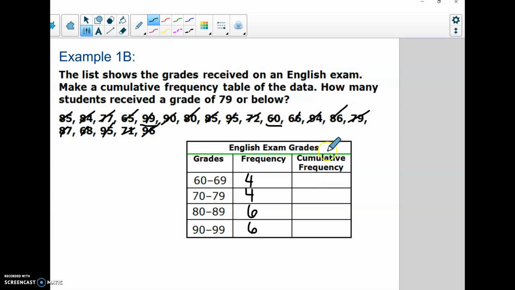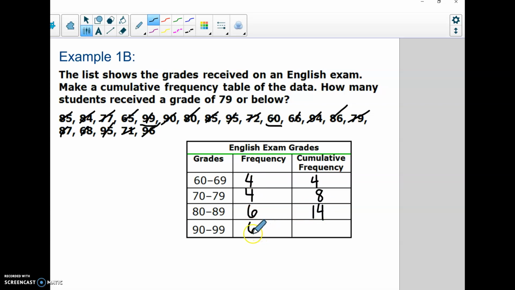And then for cumulative frequency, cumulative means to accumulate or add up as you go. So in the first range of numbers, there was 4. And then what you do is you just add as you go. So add these two numbers together and put the answer here. Then add these 3 numbers together and put the answer here.